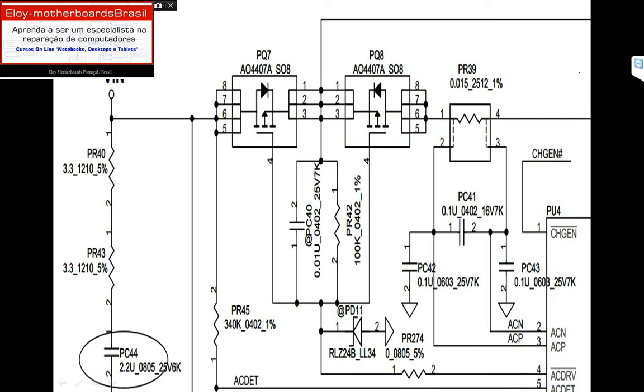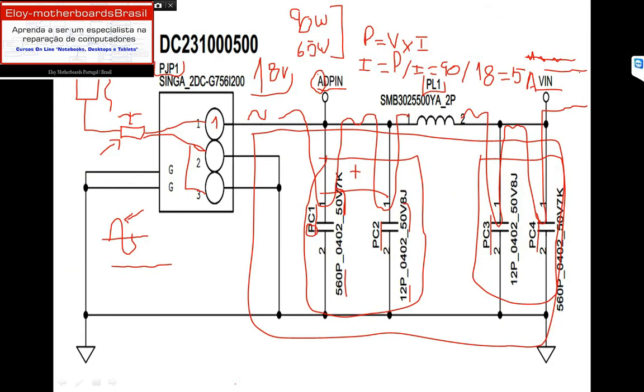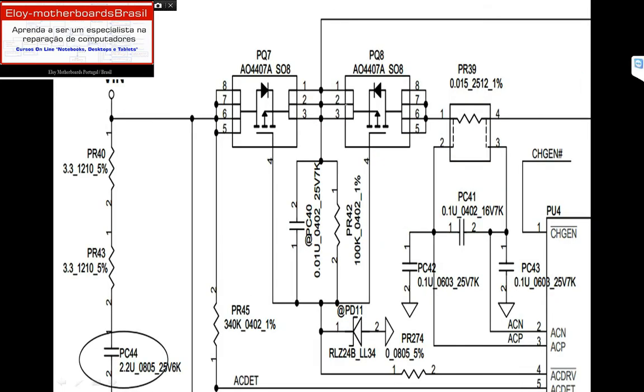So next, this VIN voltage right here will be taken to this point of the schematic. This VIN voltage will go through PR40, PR33 and PC44.